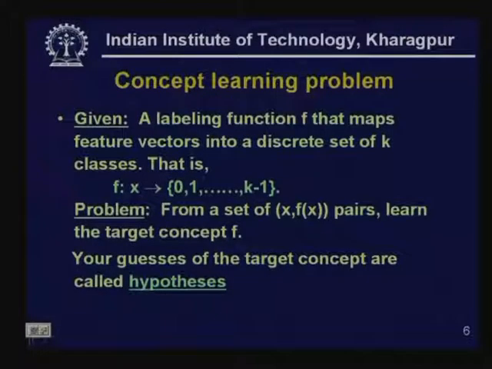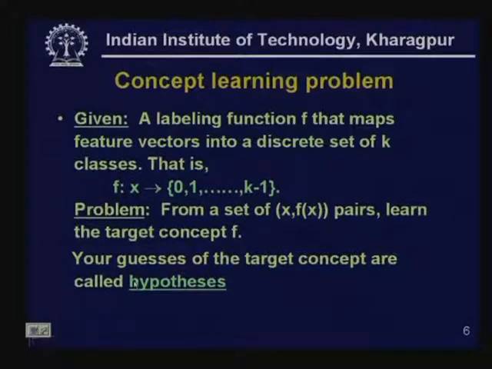So, there can be two classes, positive and negative, or in general there can be a finite set of k classes, and each instance is labeled to belong to one of these classes. So, f is a function which maps an instance to one of the classes from 0 to k minus 1.